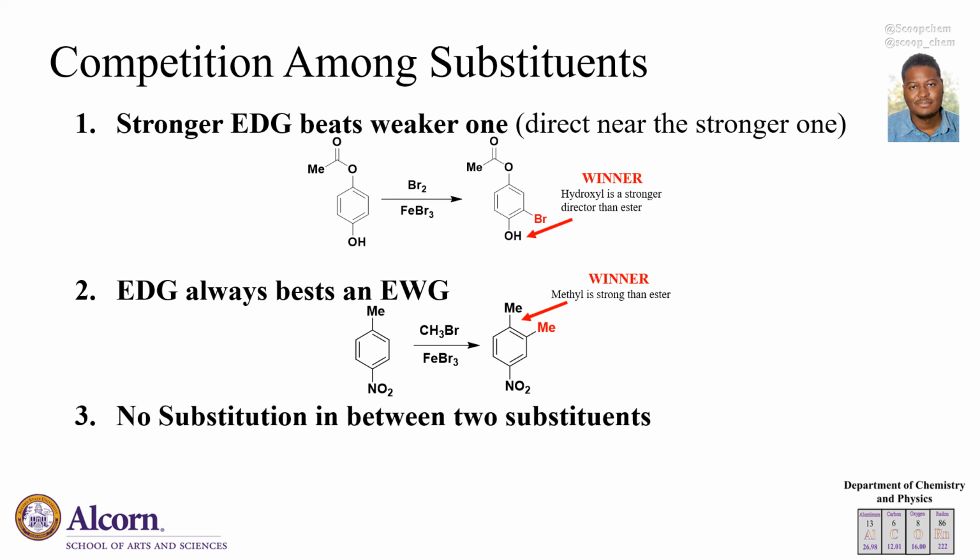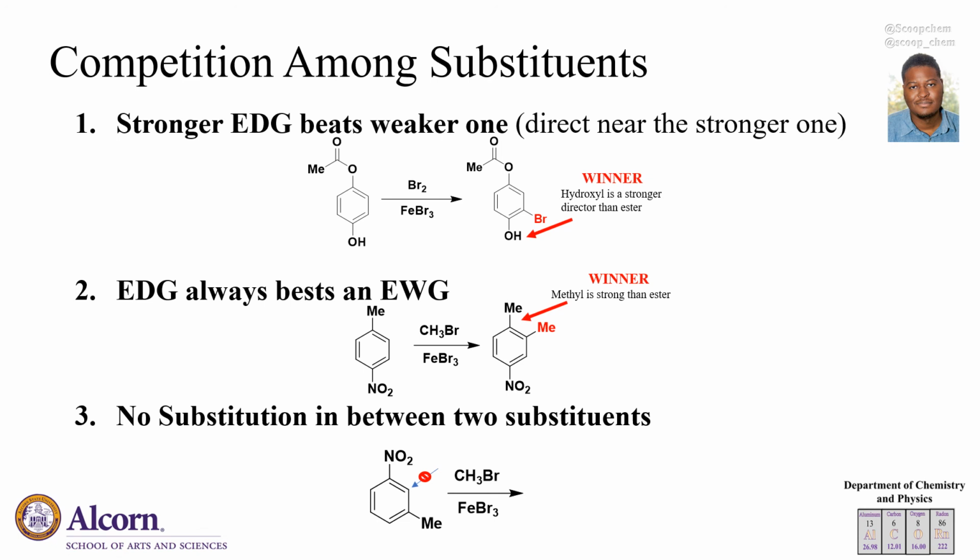Okay, rule 3. There's no possible substitution in between two substituents. So if I have this nitro-methyl benzene substrate, and again I want to do Friedel-Crafts alkylation, I cannot go in between the two, which is ortho to the methyl. All right, so I've got two substituents. The nitro group is a meta director. The methyl group is an OP director.